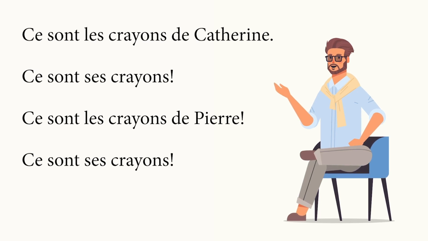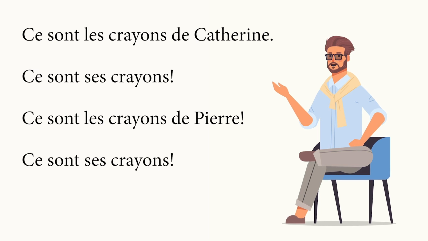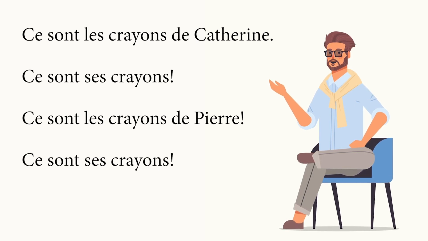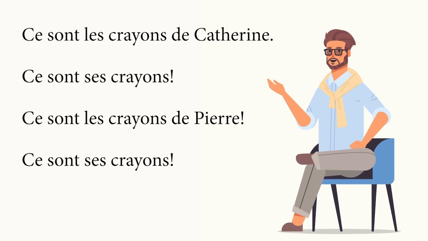Here, when you say ses crayons as a possessive adjective, that is completely different from ces crayons, these pencils, which starts with a c in French. So ses crayons is a possessive adjective, ces is a demonstrative adjective. Just remember this difference.